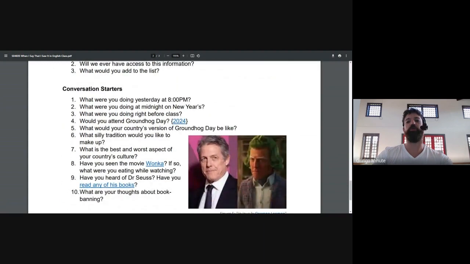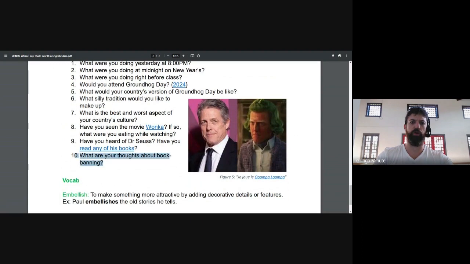And let me pick a good conversation starter. Which one shall I pick? I'm going to go with this one, a polemic one. What are your thoughts about book banning? I am against book banning. I'm against any attempt to impede freedom of speech. And I think we need to see what people have to say so that we can tell people not to listen to them, not to read what they're writing.